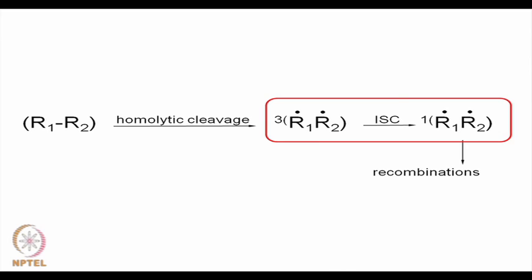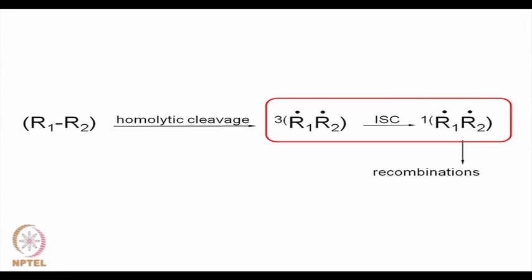A radical pair means the radicals are maybe formed within the same solvent cage. It may be formed in a different solvent cage. If it is in the same solvent cage, it is called the geminate pair, and the corresponding recombination is called geminate recombination, producing your bond and generating the original species back, or maybe a new species formed. So it is a homolytic cleavage that is responsible for the formation of a triplet.